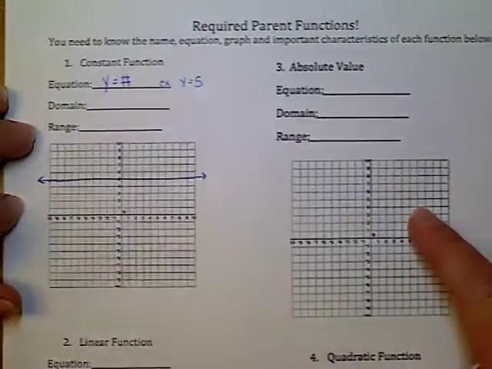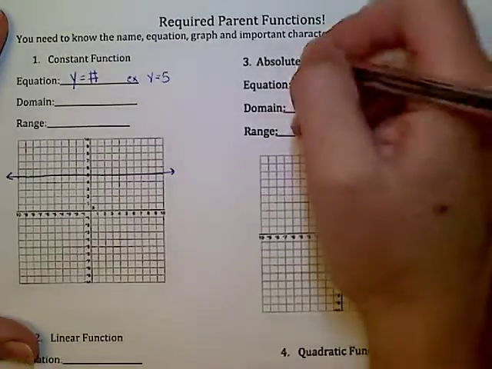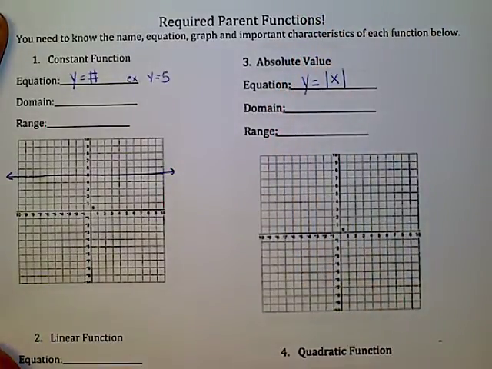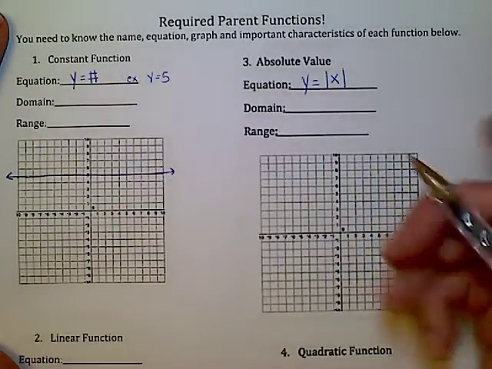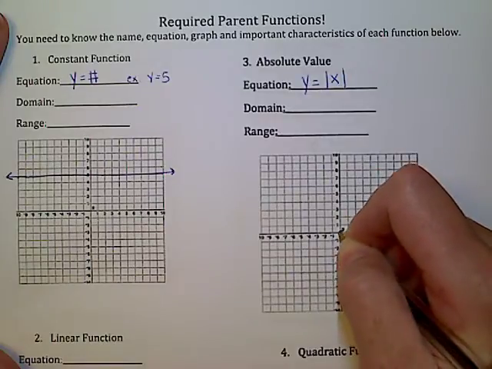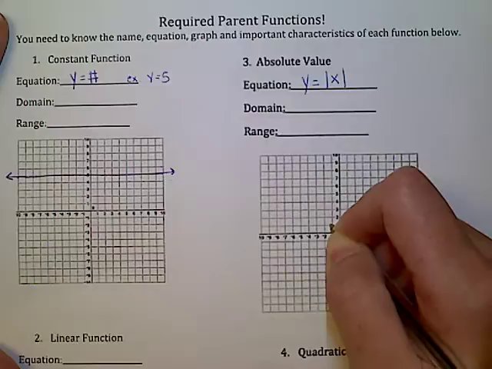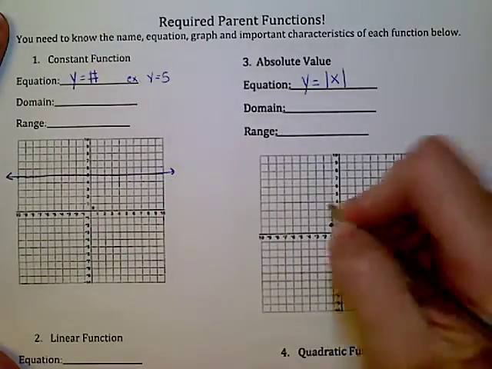Now let's go over to absolute value. That equation is y equals the absolute value of x. And there's a couple key points that you have to know in this graph. Every time you graph them, I want to see these points. This has a point at (0, 0), (1, 1), and (-1, 1).